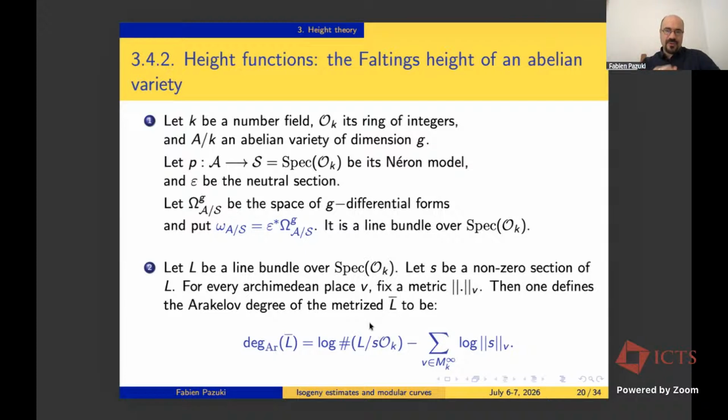But there's another thing I want to do at each Archimedean place. I also want to measure the size of S. So from now on, taking degrees will be a little bit more than just taking a classical quotient like that.